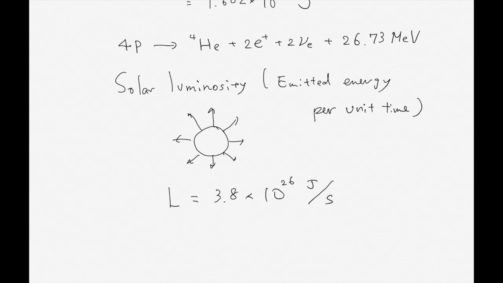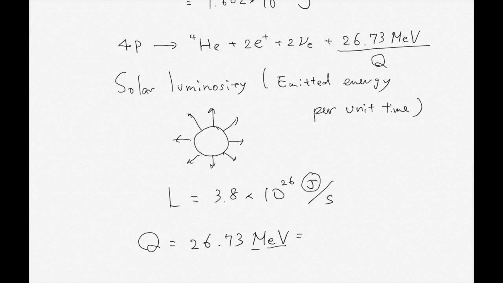So the released energy of this reaction, if we call it Q, is 26.73 mega electron volts. We convert electron volts and mega, because luminosity is expressed in joules.